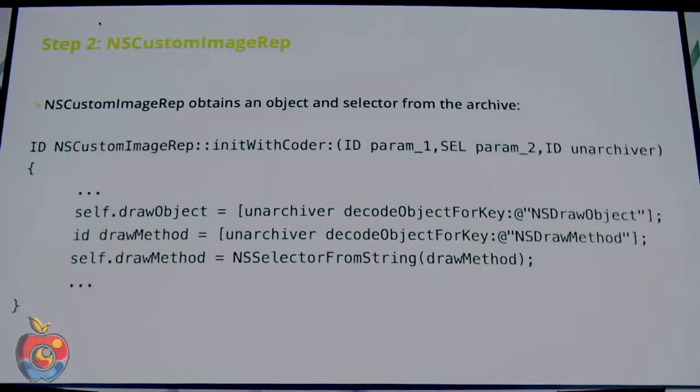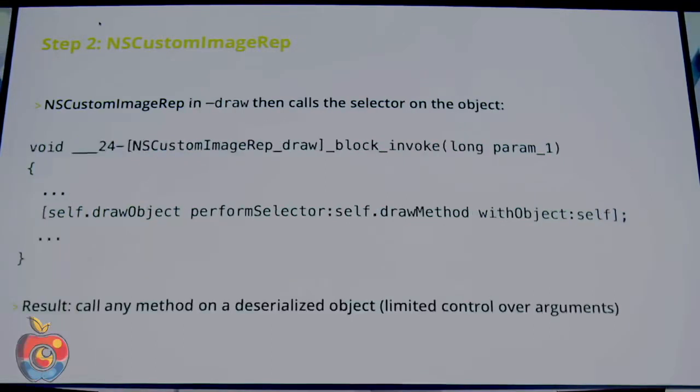And then as a second step, I used this NSCustomImageRep. And when this object is deserialized, it decodes two things from the archive. A draw method, which is a selector. It's like a function pointer for an Objective-C method. And an object, but it wouldn't use those yet at this point. But it has a draw function.